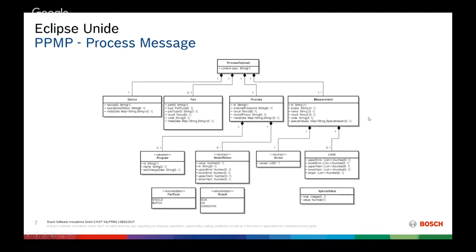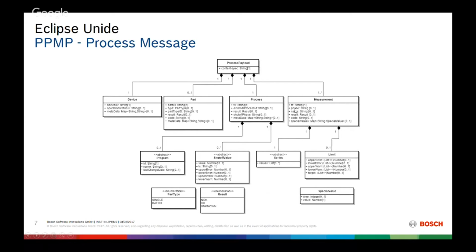Where the measurements of the process itself, so what the process describes, are in this object. This is nearly the same as the measurement object in the measurement payload, but you have some additional fields which you have to use to characterize your process. You have the timestamp, like in the other measurements.